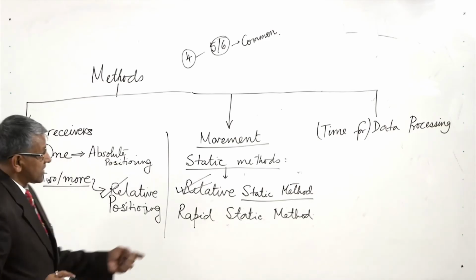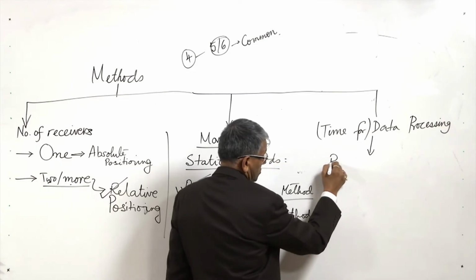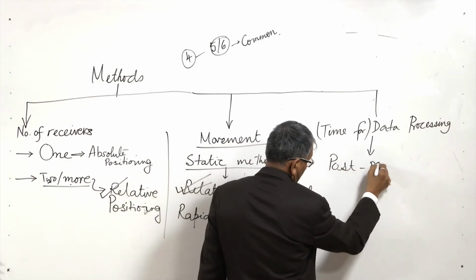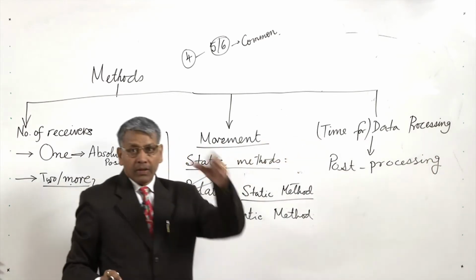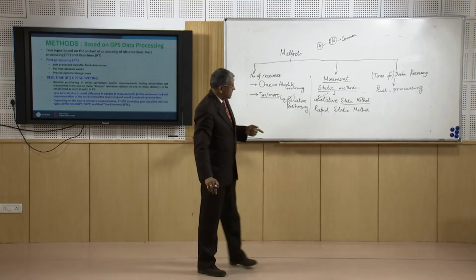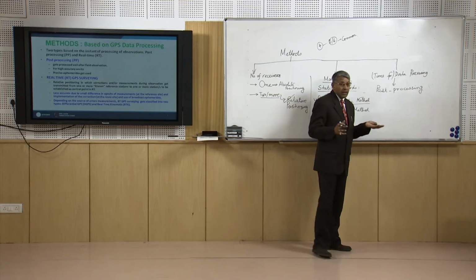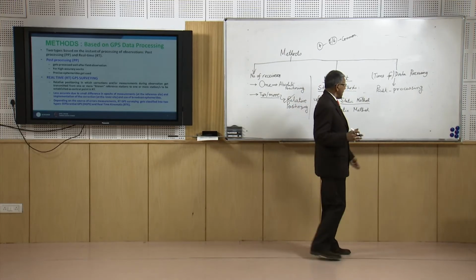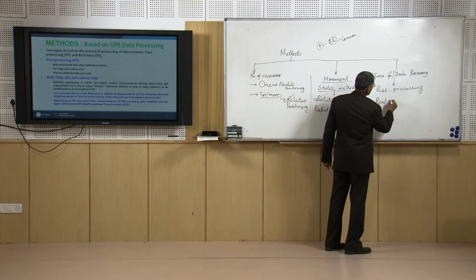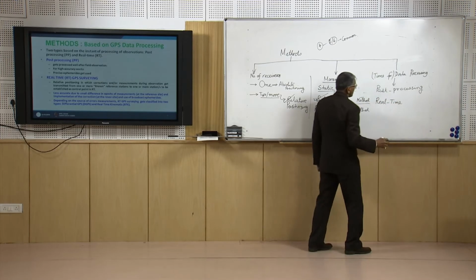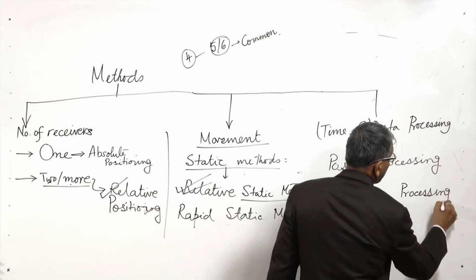GPS data may be processed afterwards, that is called post processing. It may be processed long after the data has been observed or captured, or it may be processed as soon as it is being observed, that is called real time processing.